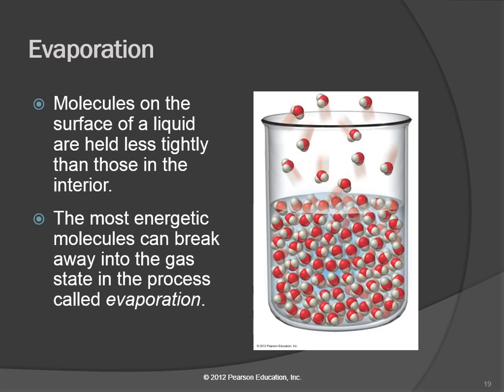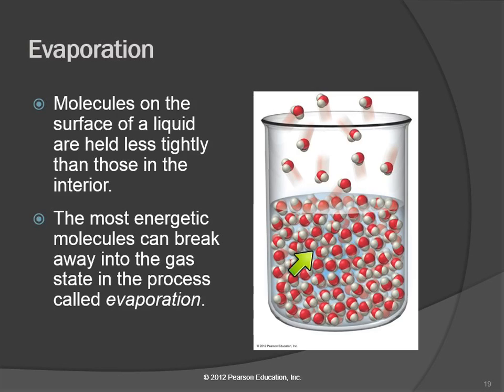So let's look at evaporation. Here we have our water molecules, and they would be moving around. They're jiggling and they're moving next to each other. They have an average kinetic energy based on their temperature, but they're not all at the same kinetic energy. Some of them are moving quickly, some of them are moving slowly.